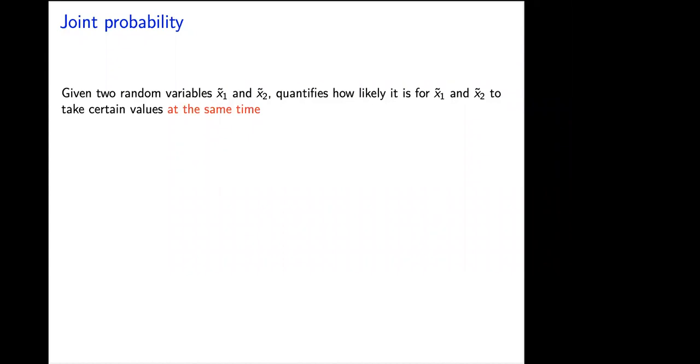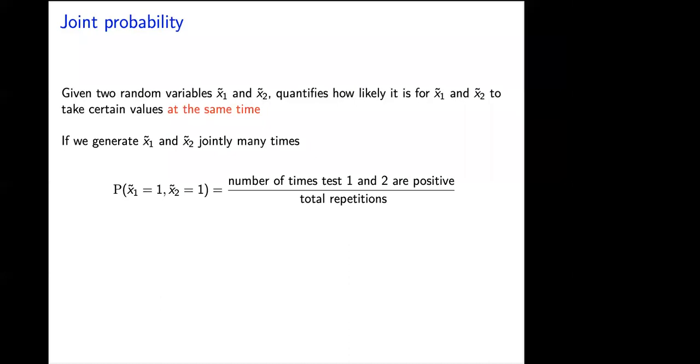We have these two random variables or more, but we're going to talk about what happens if we just have two. And we want to talk about what is the probability that they have a certain value at the same time. We are looking at x1 and x2 in the same world, the world we live in, and we want to ask, what is the probability that they end up actually having two particular values in concert?